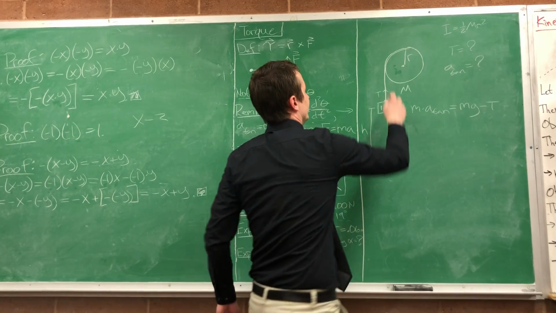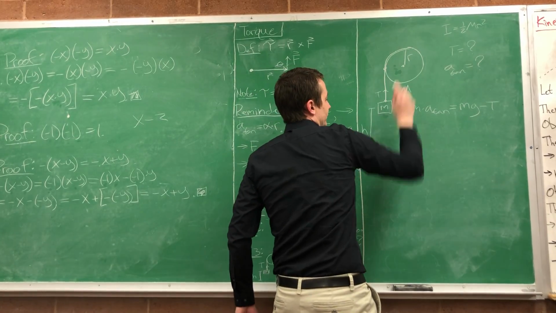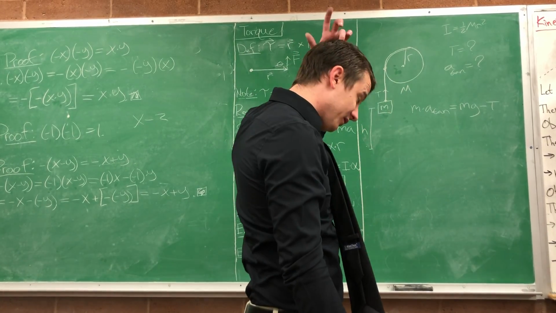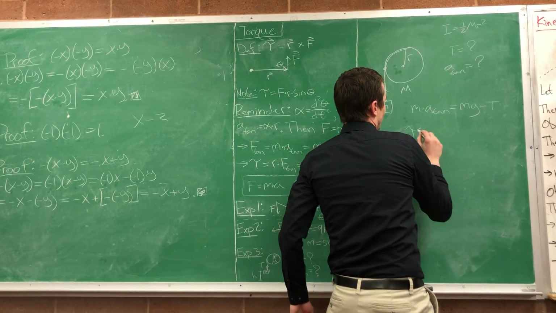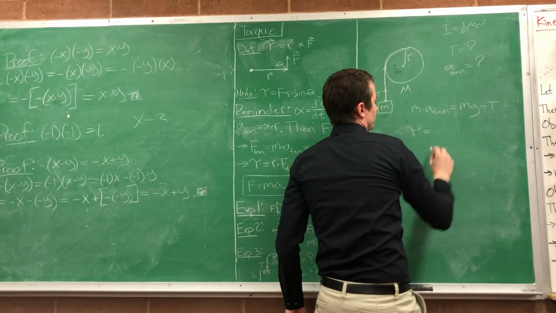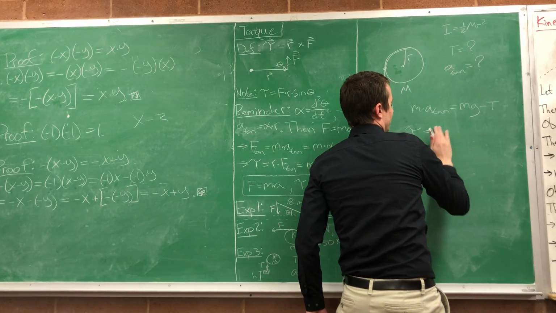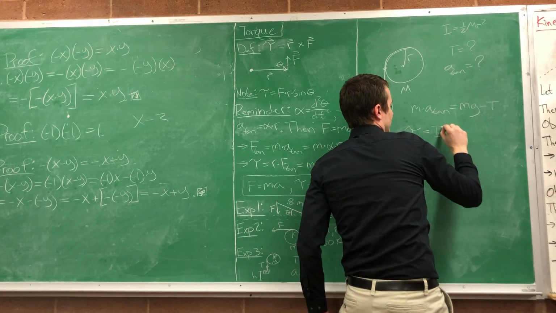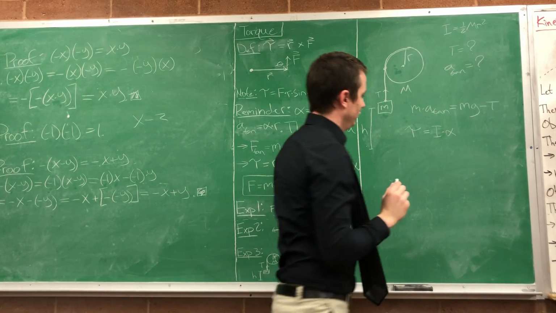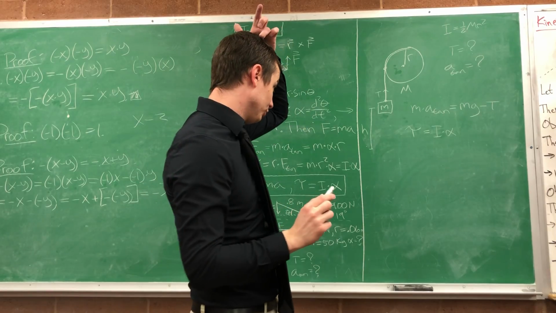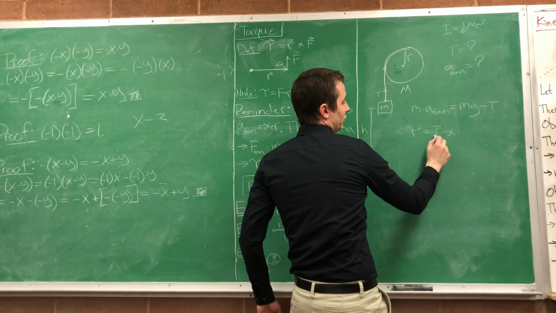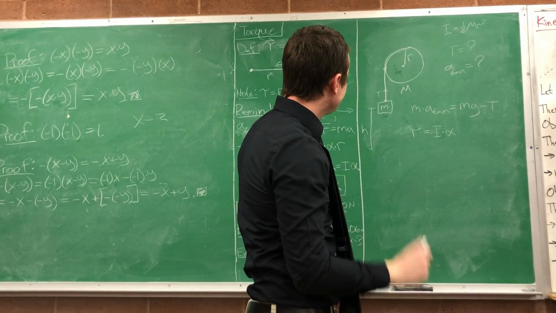Let's think about the torque on this system, because we also know that the total torque on the system is equal to its moment of inertia times its angular acceleration, right? Same way we have F equals ma, we have the total torque on this equal to its moment of inertia times its alpha.